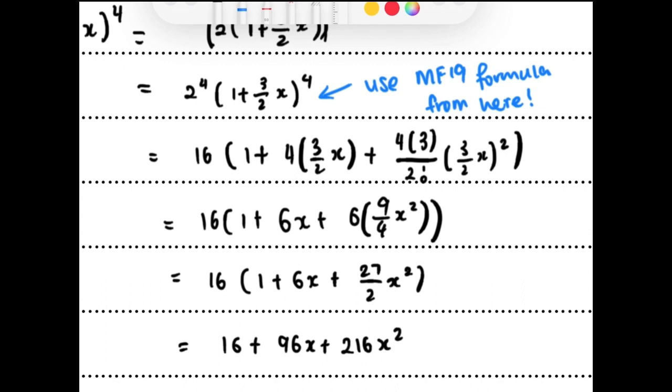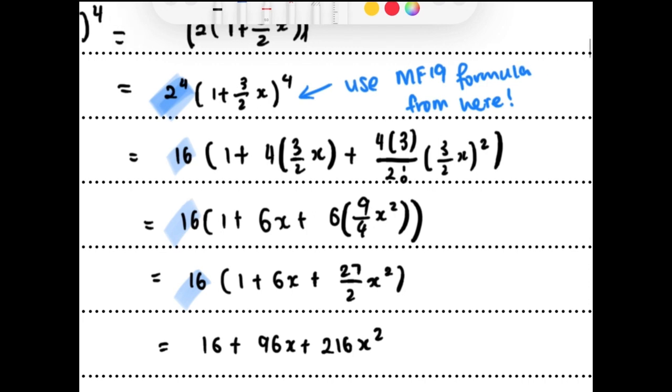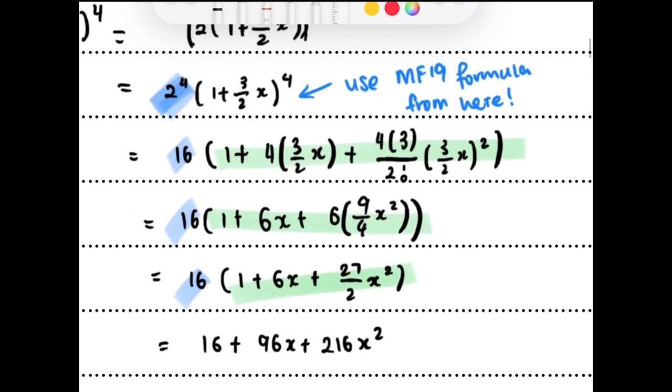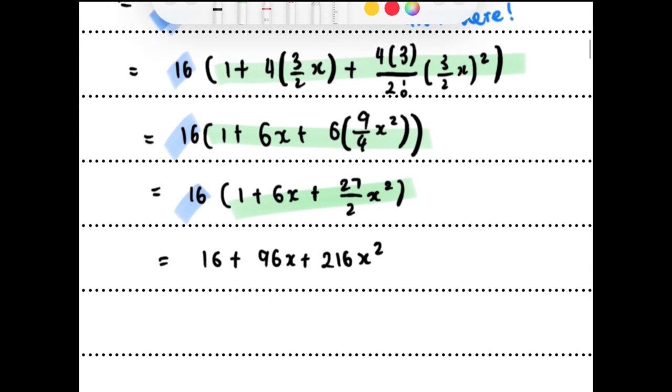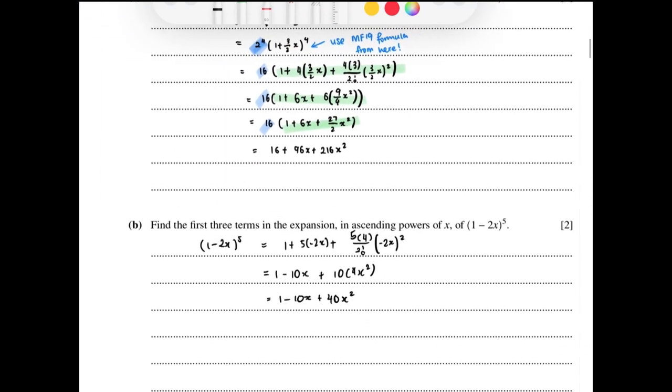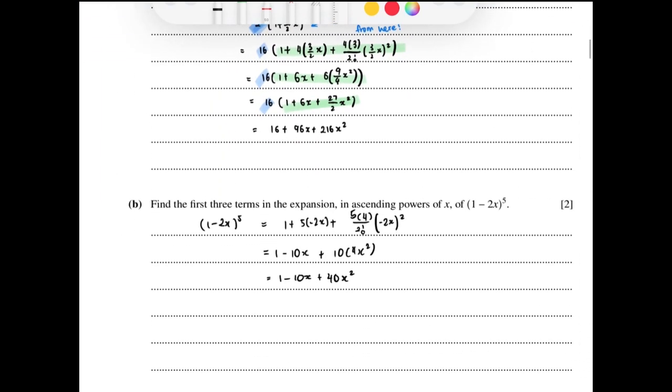So from here, ignore this part. Obviously, just still write it in here, here, here, but you can ignore that. All you need to do is apply the MF19 formula for these steps onward. So after you've applied the MF19 formula, you can then just continue solving and simplify it into the final equation.